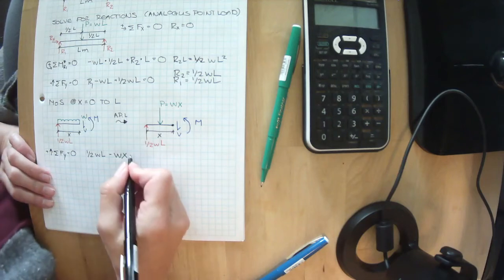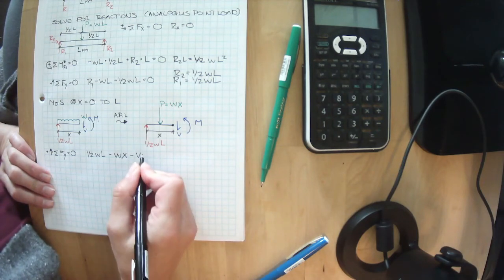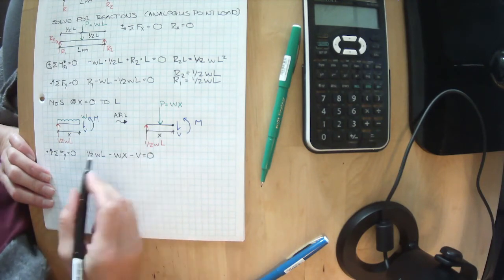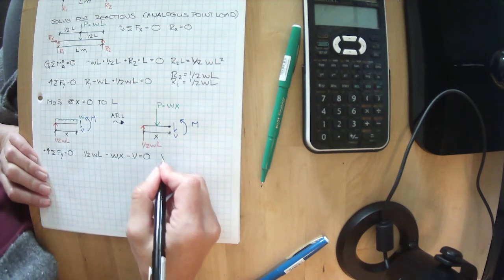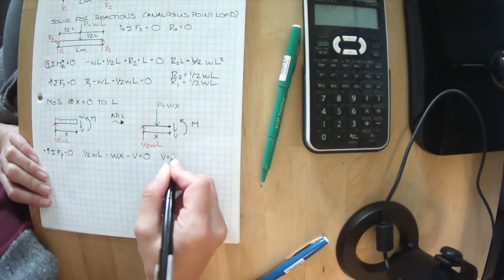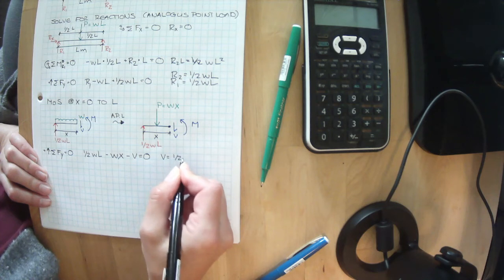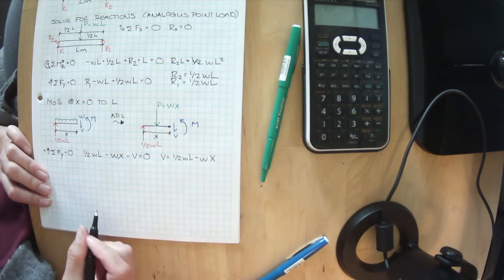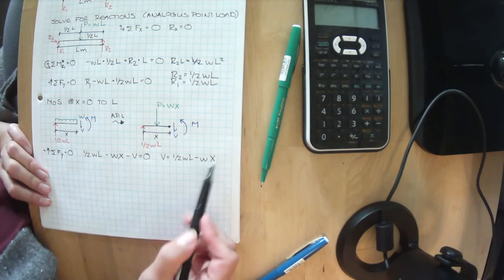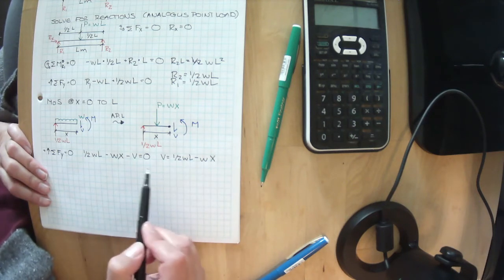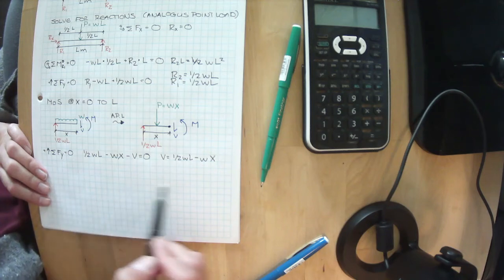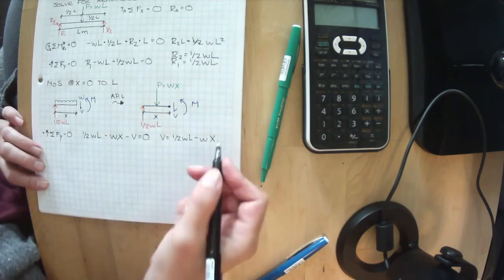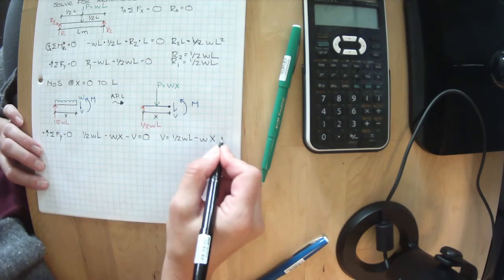And we have V going downwards, so minus V. We can rearrange this, and we have V equals 1/2 WL minus WX. Okay, so we have an X in our equation now. It looks like V is dependent on where along the beam it is. So we've solved for what we can here.